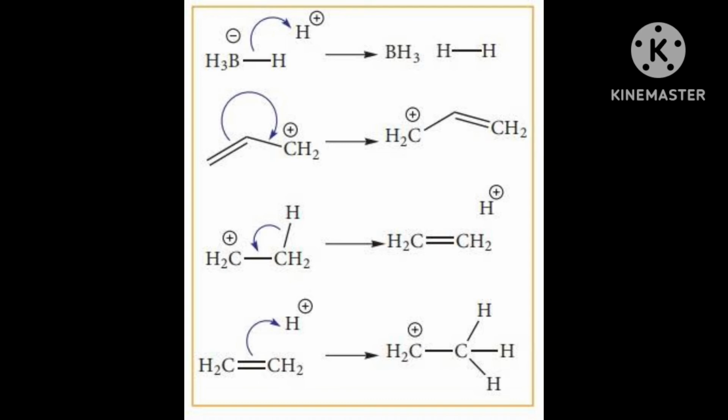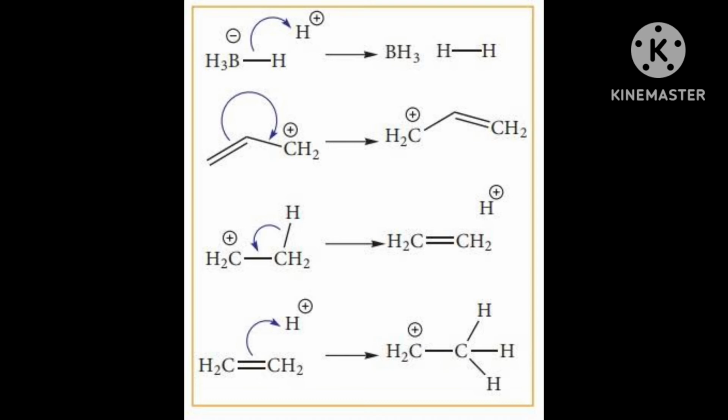Because 3 pairs of electrons are there, it is OH minus. Suppose one electron pair is given to the ethyl bromide. Then you can show it by an arrow. One pair you are giving, so it will start from that pair of electrons, and the arrow will be towards the carbon where this electron is going.